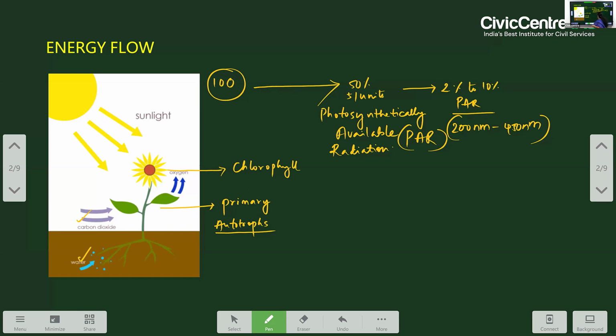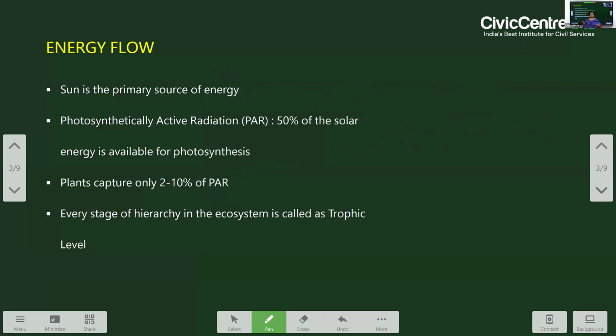Now, let's see what we've discussed: the sun is the primary source of energy, and photosynthetically available radiation is only 50% of the solar radiation available for photosynthesis, out of which only 2 to 10% of PAR is utilized by the plants for the process of photosynthesis.